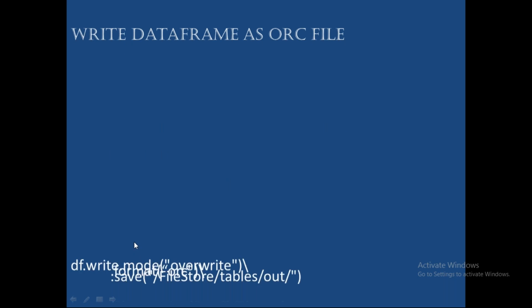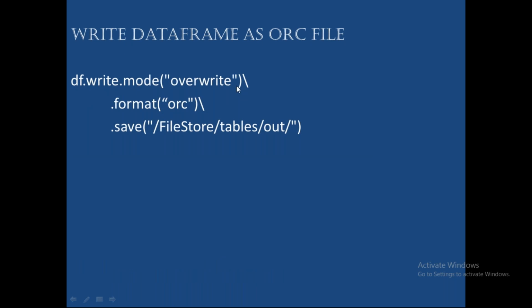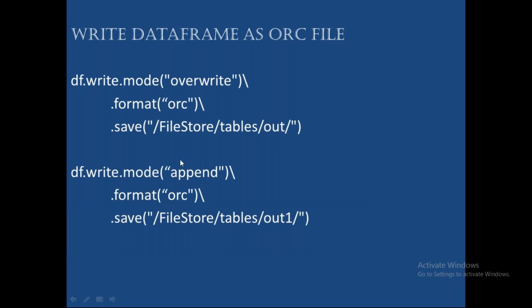For writing, df.write.mode is overwrite, format is ORC, and save to this particular location. With mode append and format ORC, I save data to this location. Overwrite removes existing data and writes the new data; append adds the new data to the existing data.